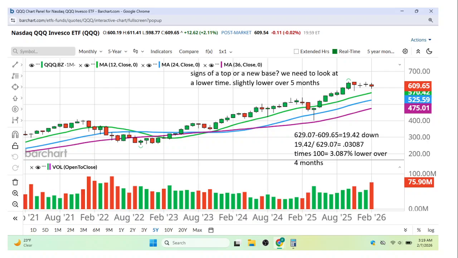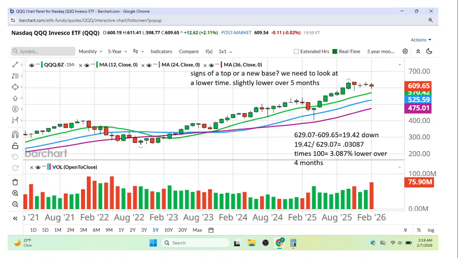Now the NASDAQ ETF QQQ, we've got the past 5 months, just doing the calculation between this closing price and this closing price. I did that calculation for you here so you know how to do it, but you're just going to take this closing price here minus this month's closing price, or this week's closing price, and you'll get how many points it's down or up.